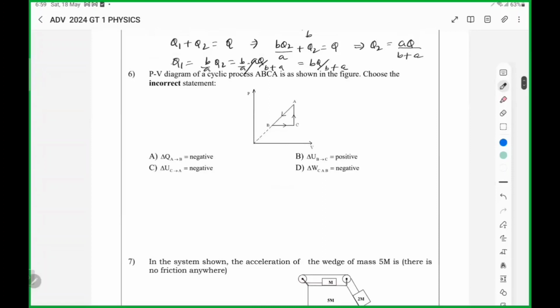Here, PV diagram of a cyclic process ABC and choose the incorrect statement. So let us take different parts. In first, B to C, if I consider, their pressure is constant.